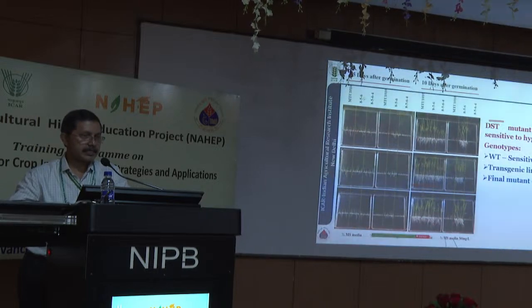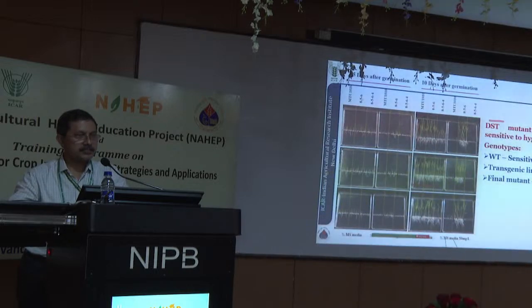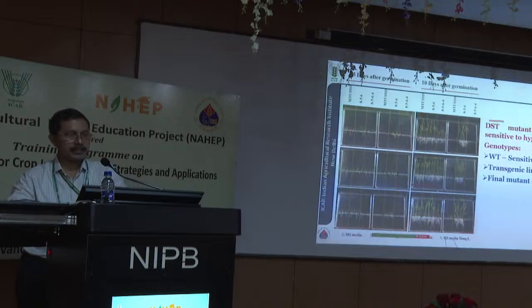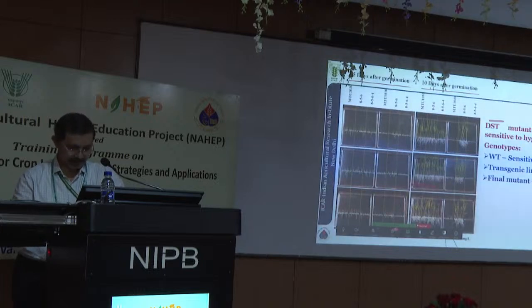The transgenic plant, from which the final mutant version was obtained, is showing resistance to hygromycin, whereas the final mutant and the wild type behave the same, which means that they are sensitive, and it shows the absence of the selection marker or its expression.